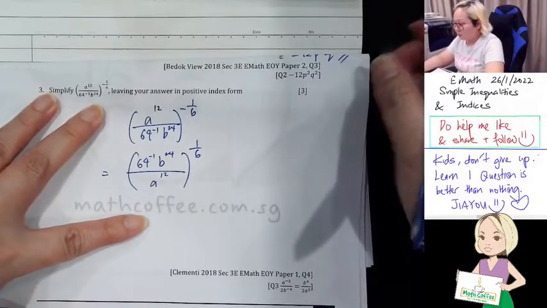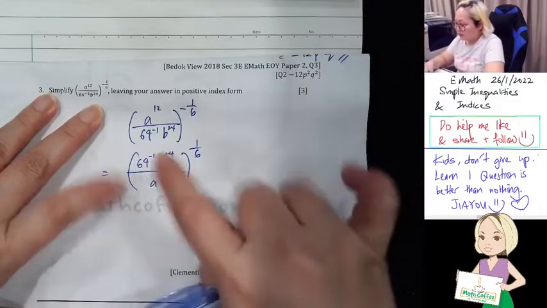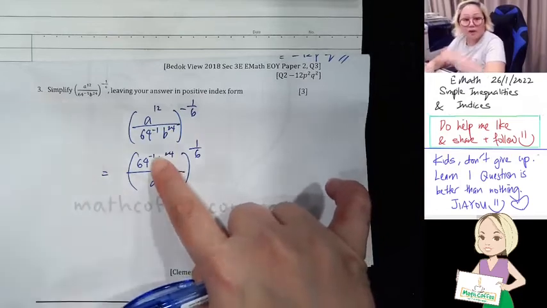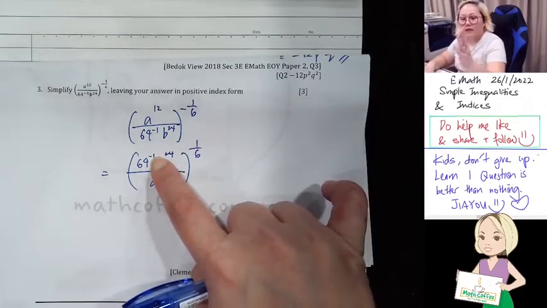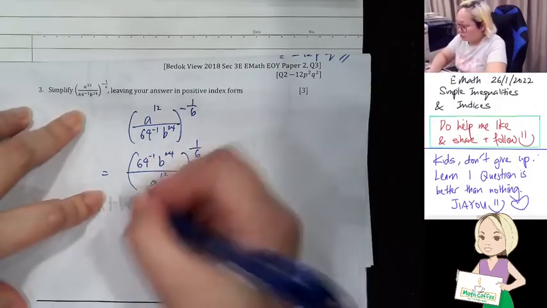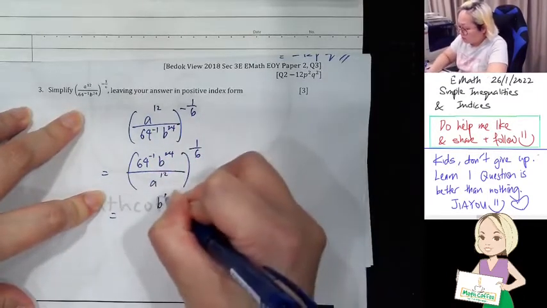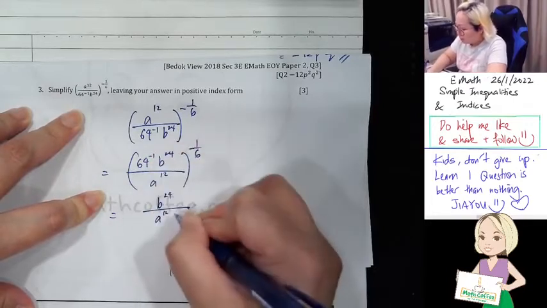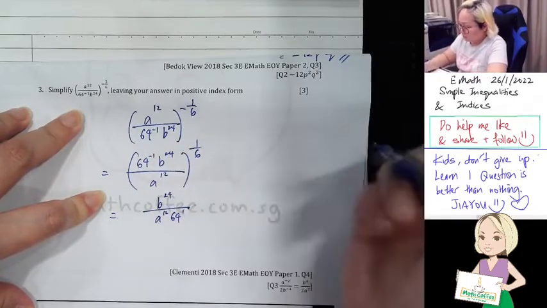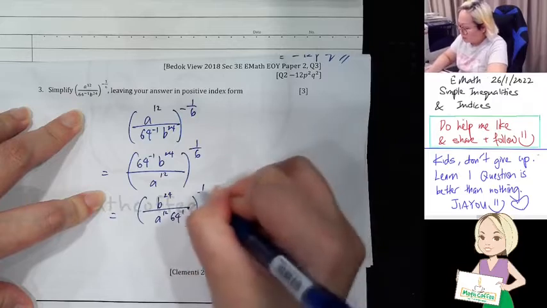Do you see that I have a negative index here? Remember I said, if it's a negative index, just bring it to the bottom or up. So B24 remains, A12 remains, 64 to the power of 1 goes down. This one still remains as 16.